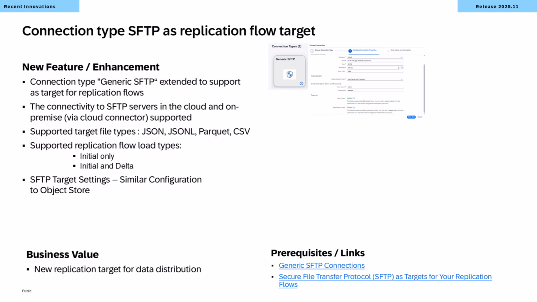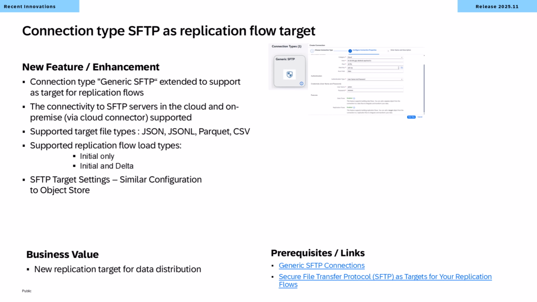To create an SFTP connection, you can create this connection for both cloud and on-premise SFTP servers, running on cloud as well as on-premise. If you are using an SFTP server on-premise, you would need to go through the cloud connector.